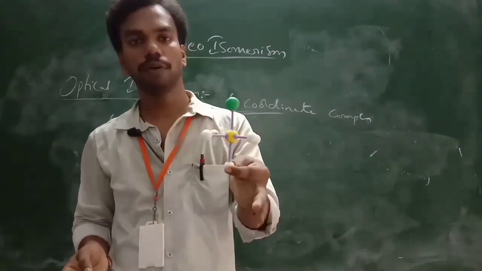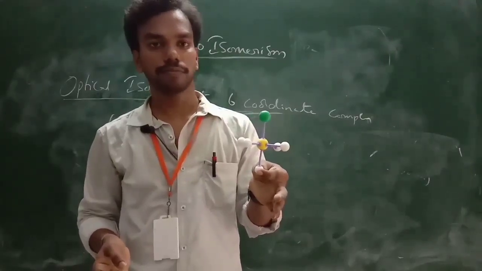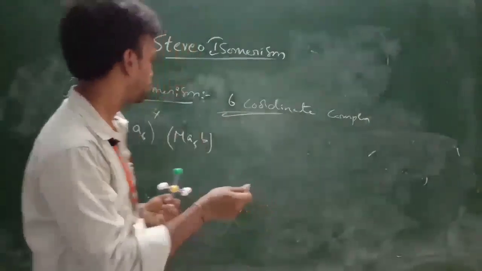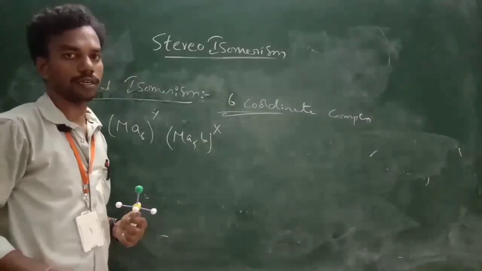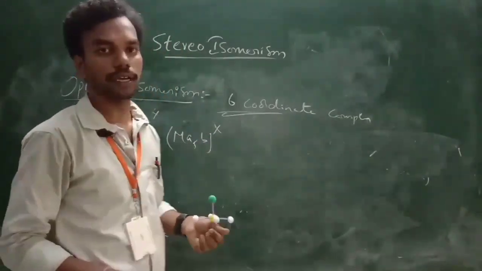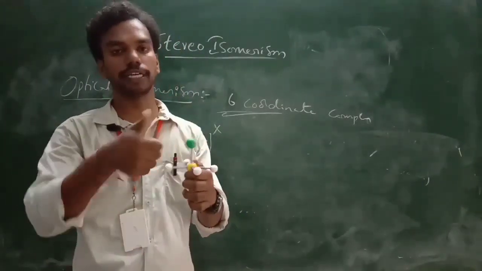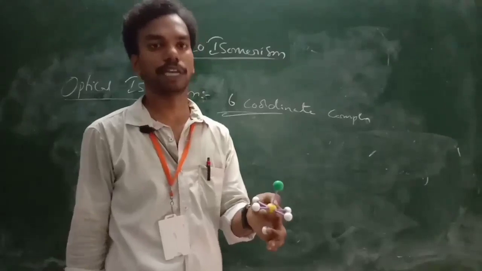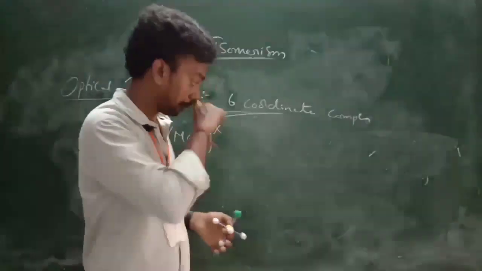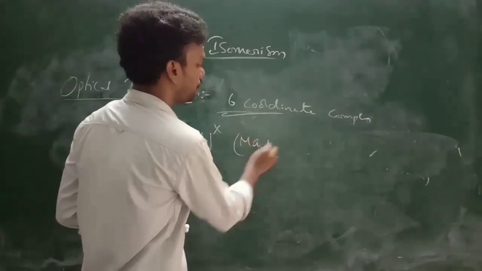So this complex shows planar symmetry, not having any chiral center. So this is achiral, asymmetric. That's why this complex also is not showing any optical isomerism and not showing any geometrical isomerism also, because if you interchange these two ligands, you are getting the same structure. No spatial arrangements around the central atom. Okay, right.